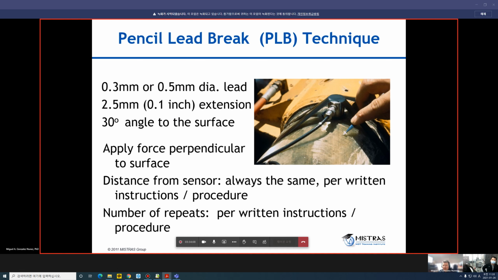And that will give you an idea of the sensitivity of the sensor based on how good coupling you have. So after breaking pencil lead, the sensor will detect the signal.